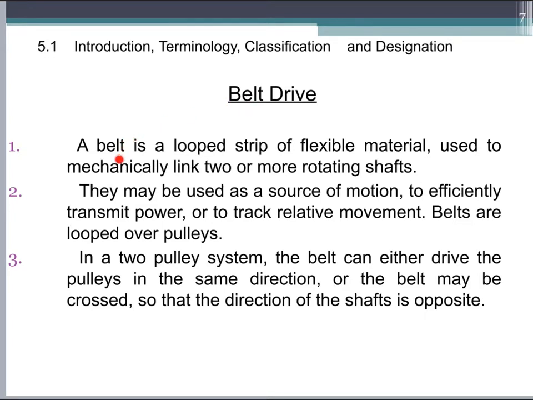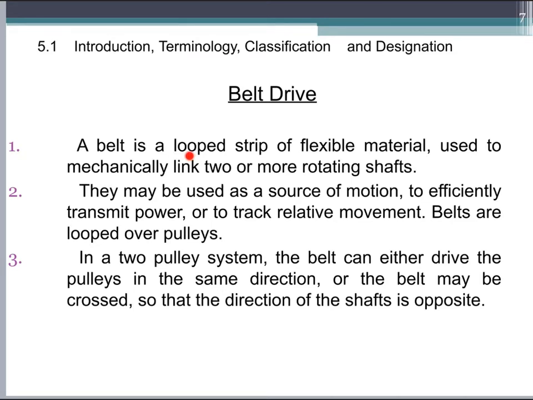So what is a belt? A belt usually is a loop strip. When we talk about loop, the belt usually is not disconnected; it is always a complete circle.